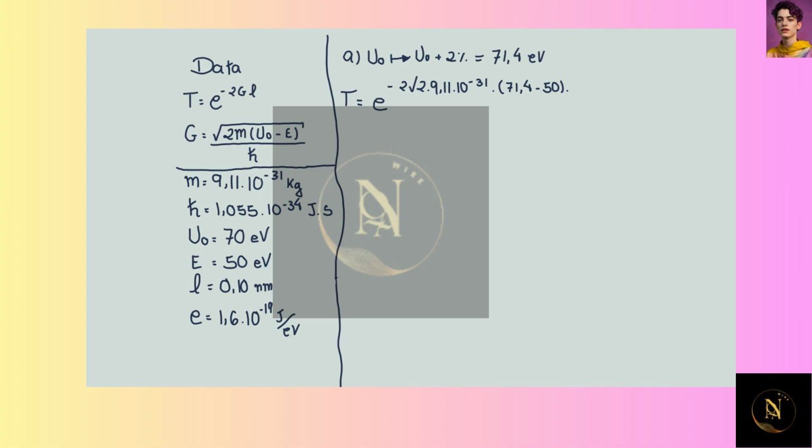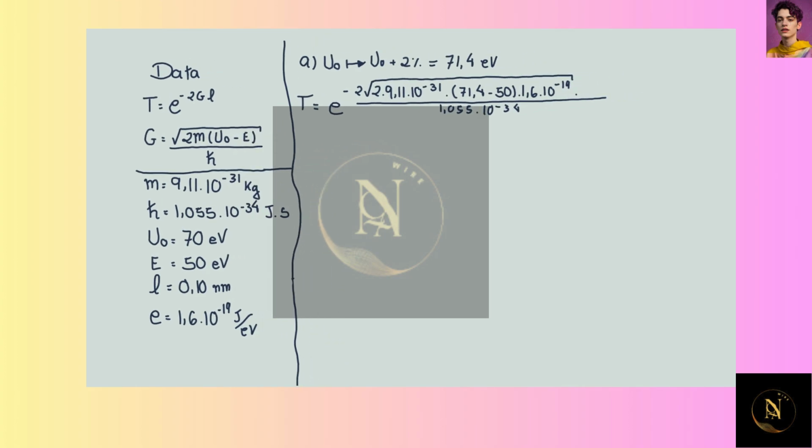So we multiply this by 1.6 times 10 to the minus 19. Take the square root. Then we divide all this exponent by h bar, which is 1.055 times 10 to the minus 34. And also up here, we have to multiply by L.